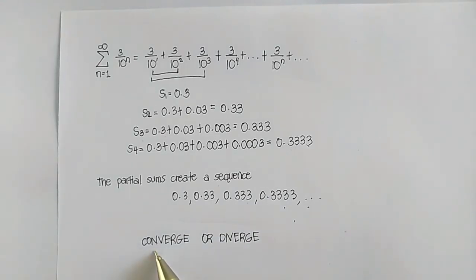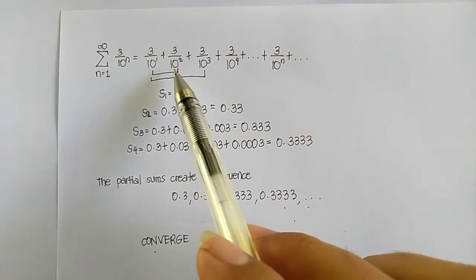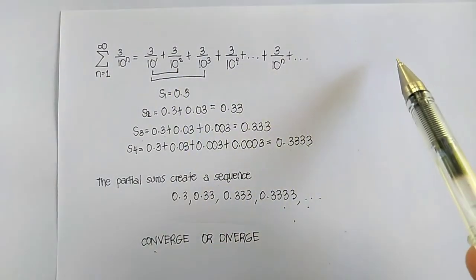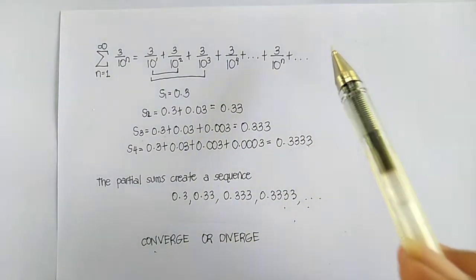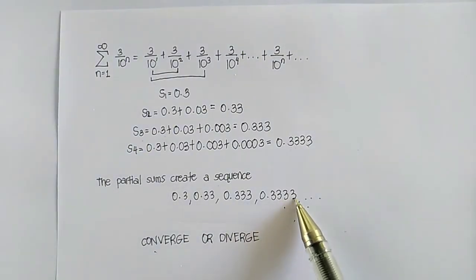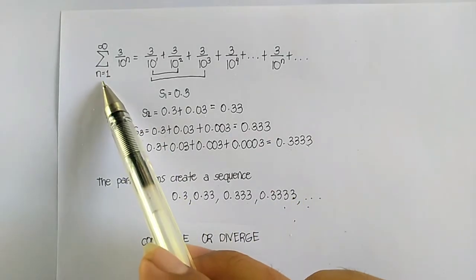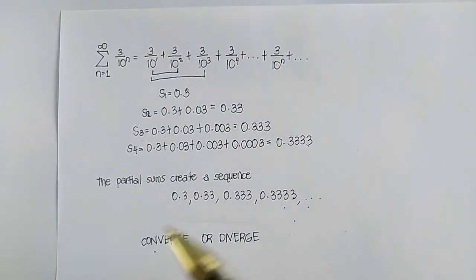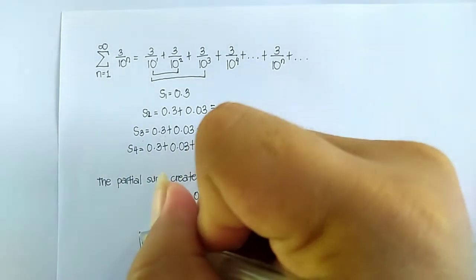Because as this series approaches infinity, the sum would be 1/3, right? Because these 3s will repeat forever. So, we could have a finite answer. Then, it leads to a conclusion that this infinite series does converge, right?